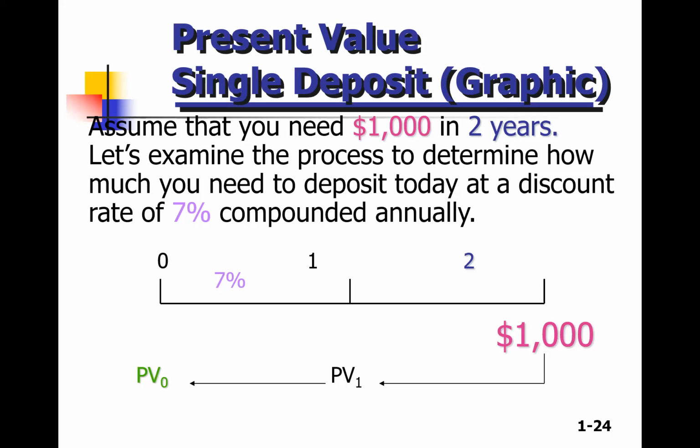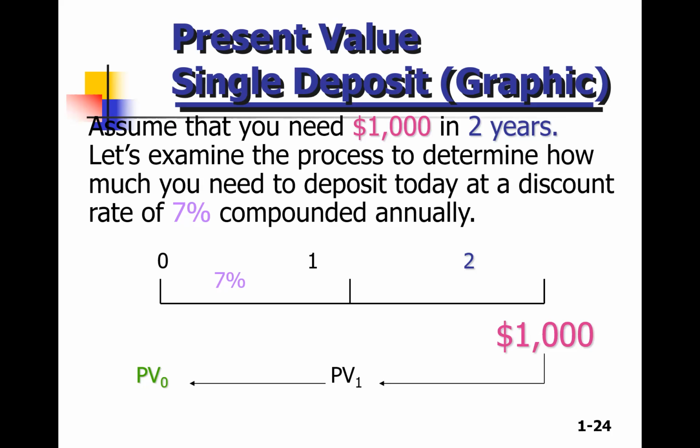Bank told you that when we use the interest rate to find out the present value, we call it the discount rate because we are discounting the future value. When we are calculating future value, we are compounding, that is, applying the interest rate.